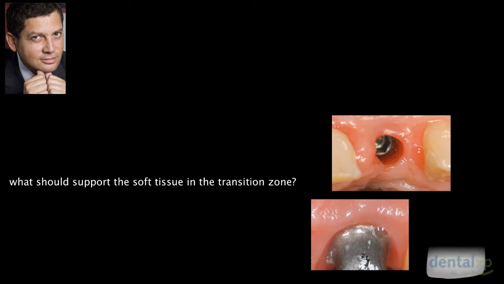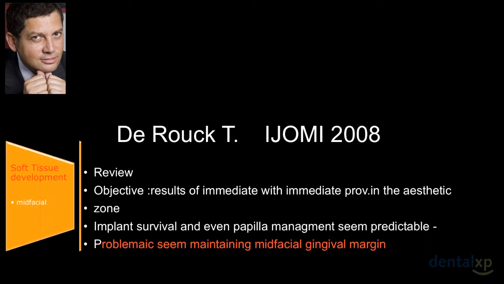So over time we came to the conclusion that it's much better if we have an abutment which can be made out of a stock abutment or a CAD-CAM abutment, and this abutment should maintain the soft tissue.